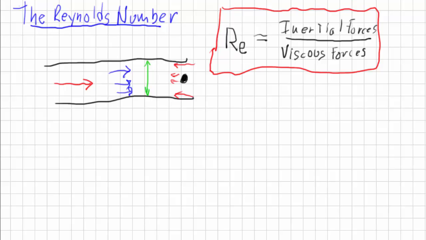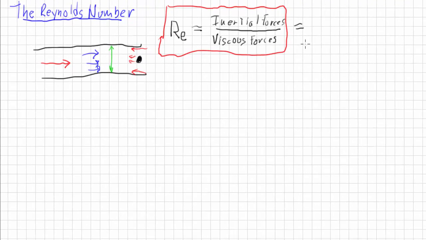Now, it's dependent on a variety of things. If we actually added up all the inertial forces up top and divided them by the viscous forces, it might be a little bit complicated, but many terms cancel, and we end up with the density of the fluid times the relative velocity of the fluid times this characteristic length. We'll talk more about what that characteristic length is in a bit. And we divide it by the dynamic viscosity of the fluid.